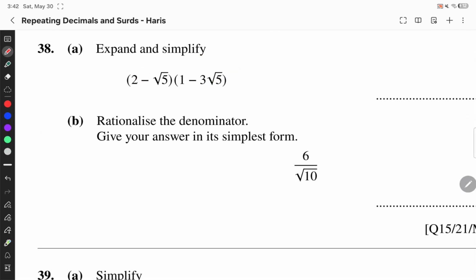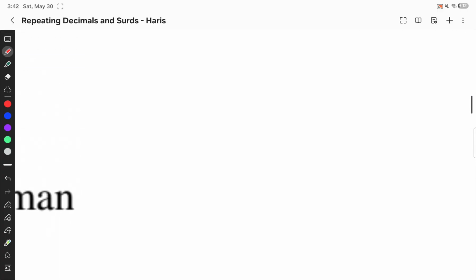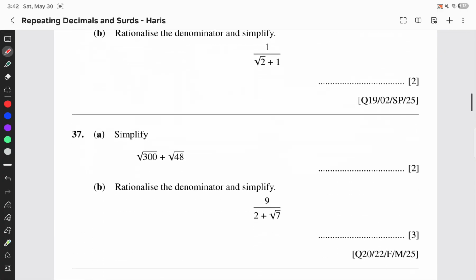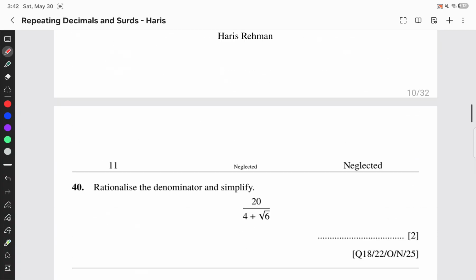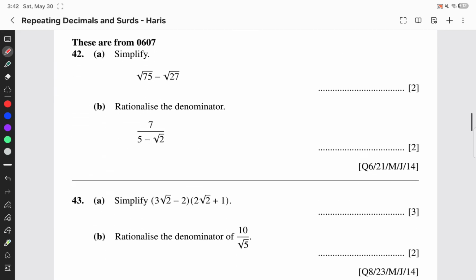You cannot simplify this unless you have a calculator. Now, what operations can you do with surds? We are adding them, subtracting them, multiplying them, and dividing by them. So what on earth can you do with them?